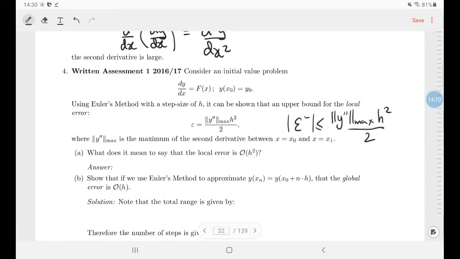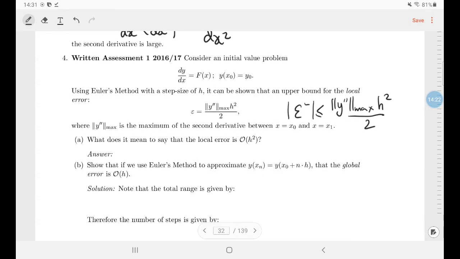What does it mean to say that the local error is order h squared? So it just means that it's less than or equal to a multiple of h squared. You'll get away if you just say it's a multiple of h squared, but we'll say it's for some k the local error. Now maybe we'll assume, like I keep putting absolute values around them, maybe we assume this is positive or not.